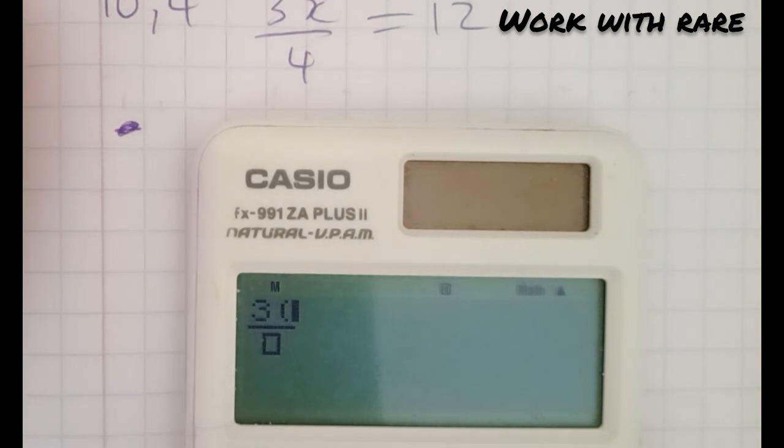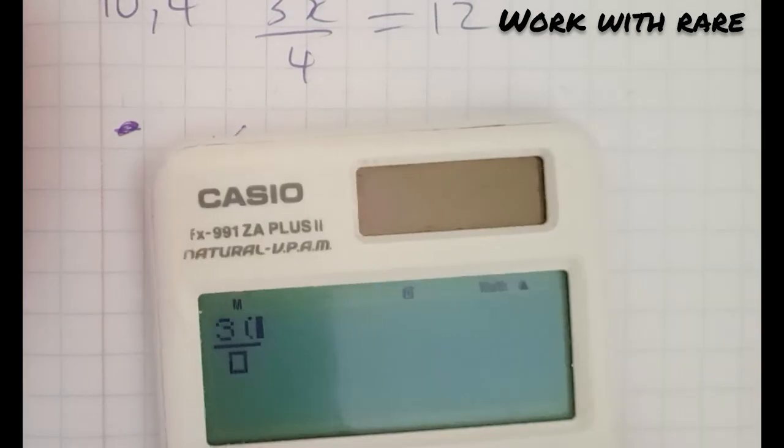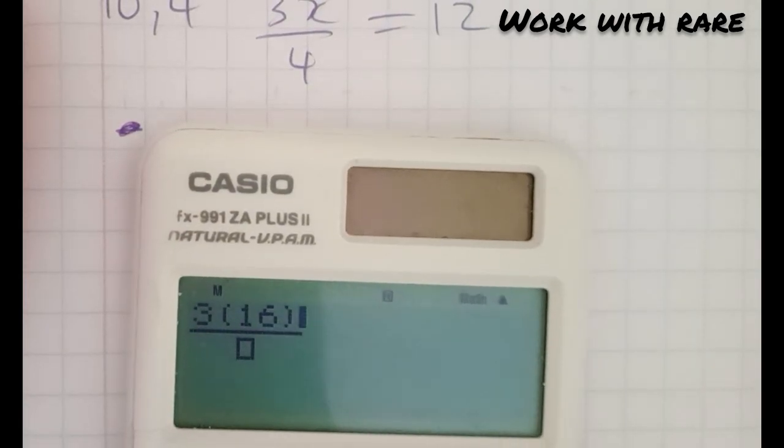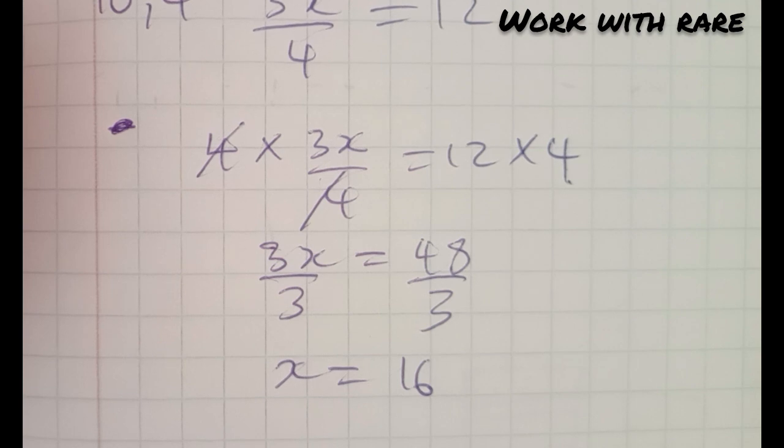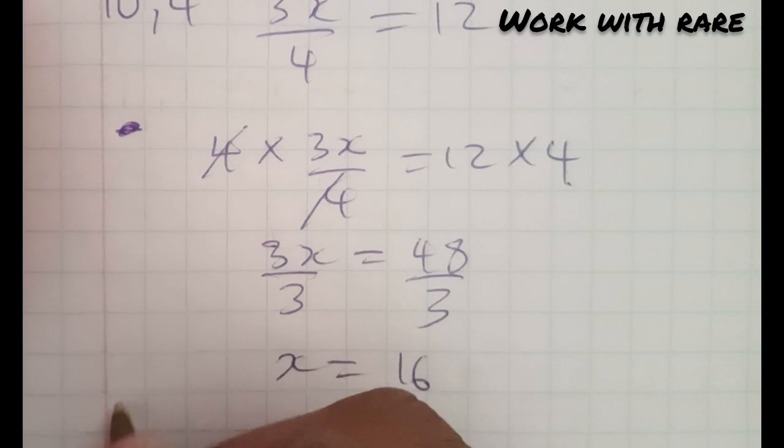Where I see my x value, I open the bracket, and my x value is 16. So I'll type 16 all over 4 is 12. So our x value is correct. Okay, so that one was easy. So you should do it like this and make sure you don't skip any step. Go step by step to be safe.